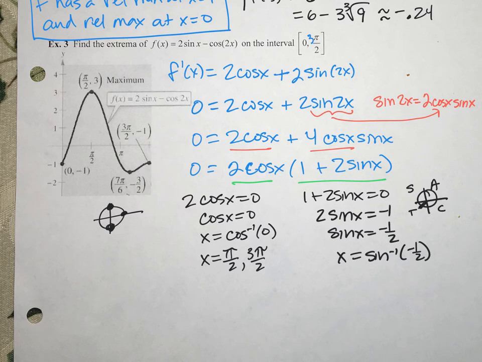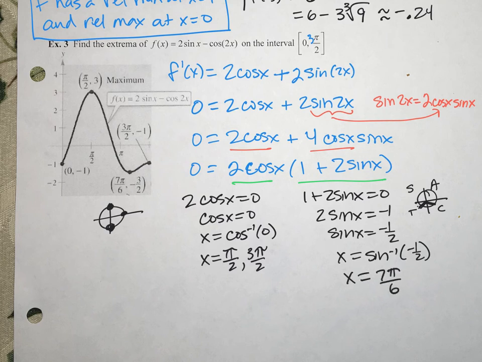So here and here, this would be 7 pi over 6, and over here would be 11 pi over 6. Well, this angle is not even in our range. Remember, our range only goes from 0 to 3 pi over 2. So right here at 7 pi over 6 is the only place in our interval where we would get a 0 for the derivative. So x is equal to 7 pi over 6.